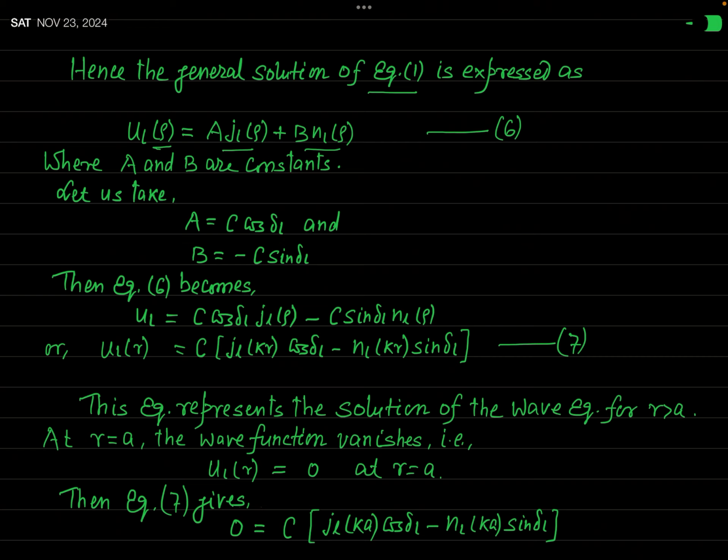Now let us take A equal to C times cos delta and B equal to minus C times sin delta. Actually, you will see later on that this delta_L is the phase shift due to the potential.